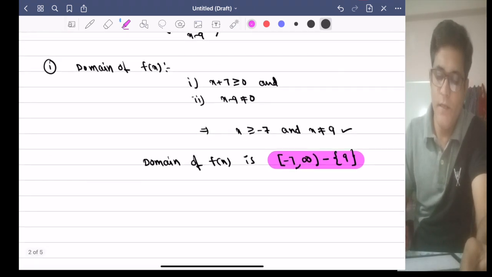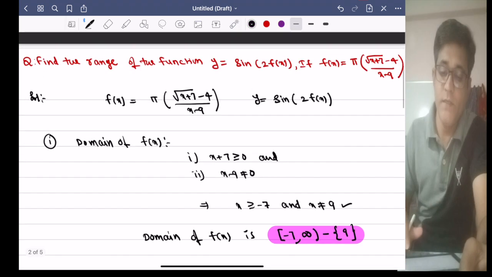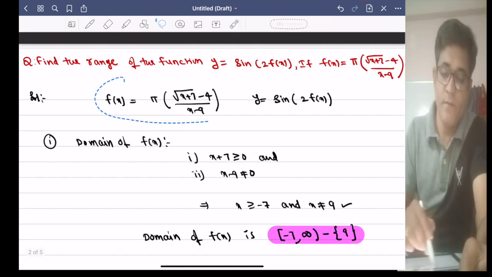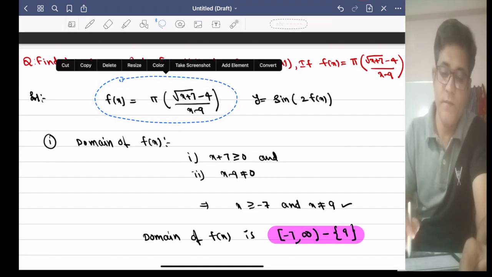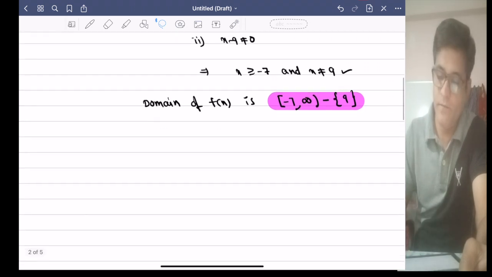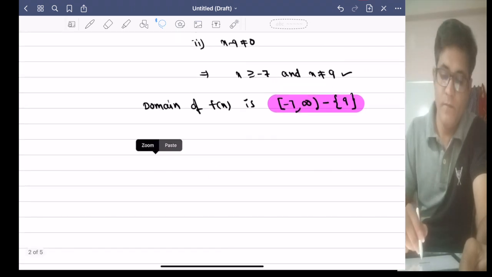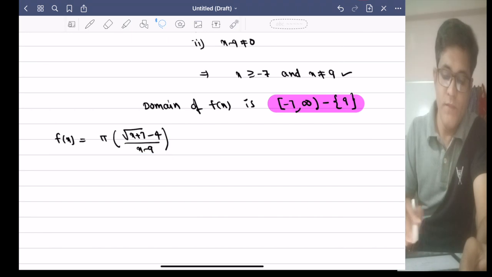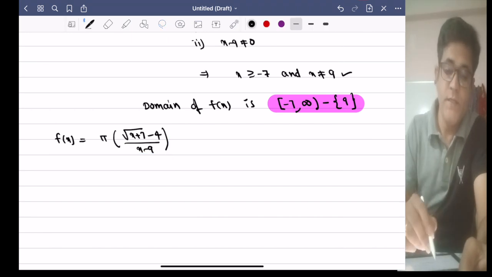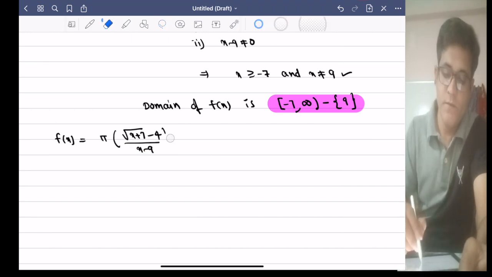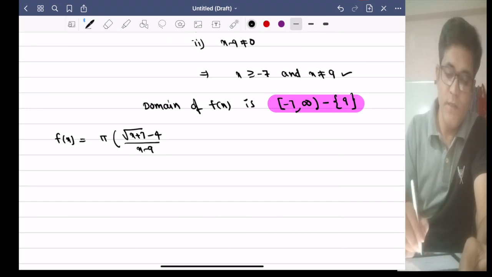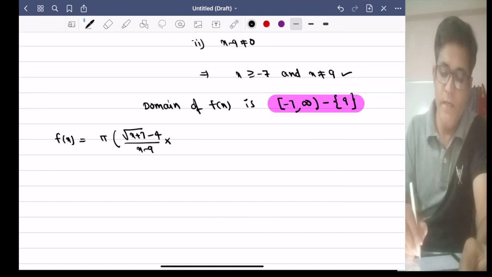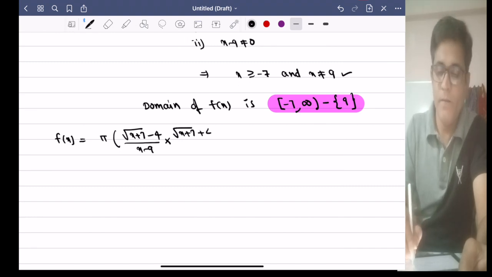To find the range, we take this f of x, and what you do is multiply and divide by root x plus 7 plus 4.